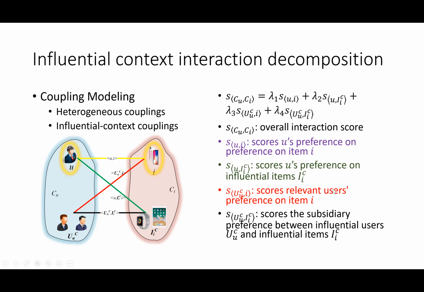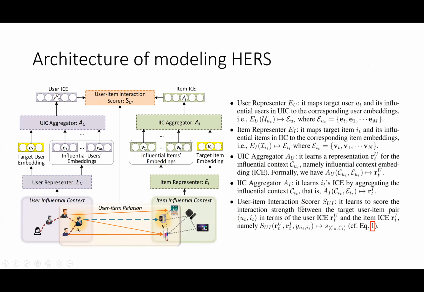And then we can model the relevance or the preference of the user on the item, or between the two contexts, with deep models, and it can be done easily. Use attention models.